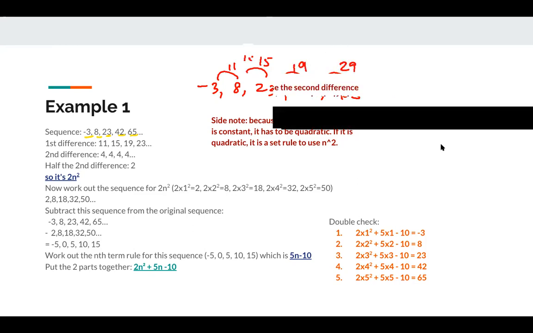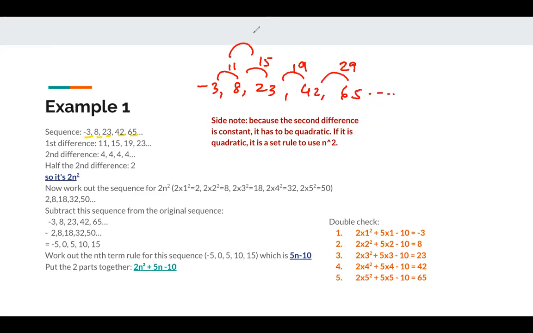The second difference is 4, 4, and 4. The coefficient of n squared is 4 divided by 2, so we already get the 2n squared term. Now how do I get the rest, the bn plus c term?